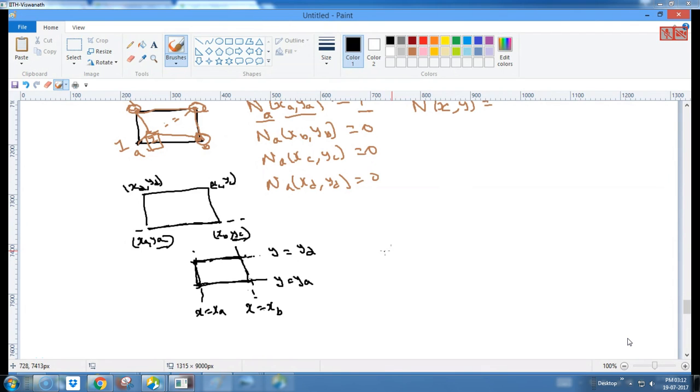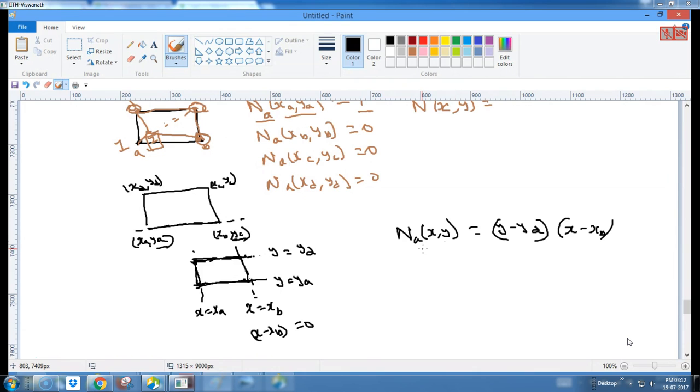I can write it in this fashion. Then I can write NA of x comma y as: the equation of this line is y minus yd, and the equation of this line is x minus xb. Or you can write x equals xb, which is nothing but x minus xb equals 0.